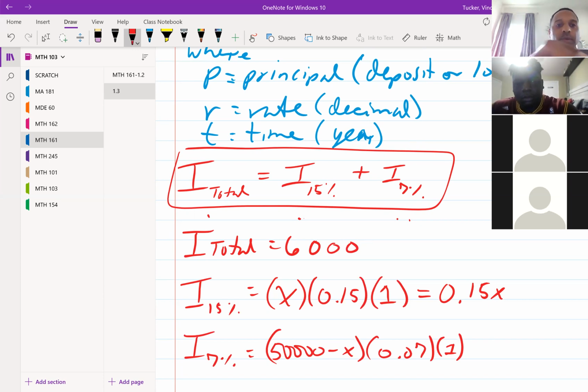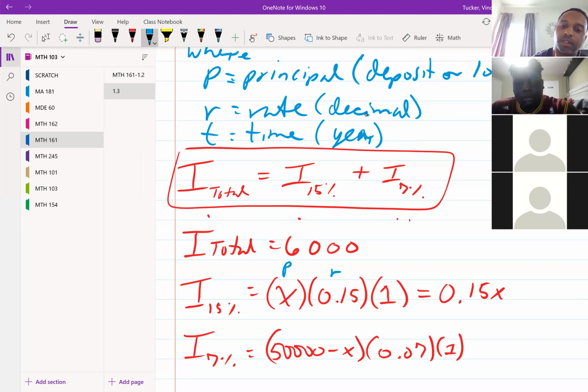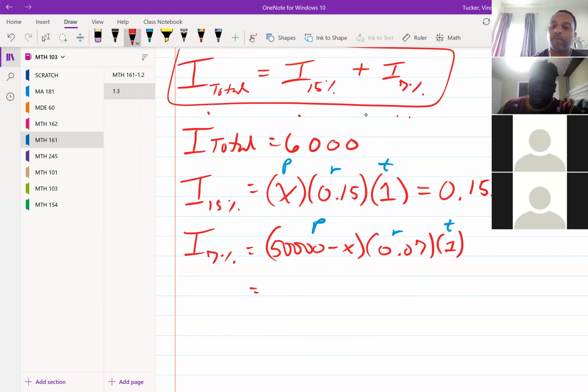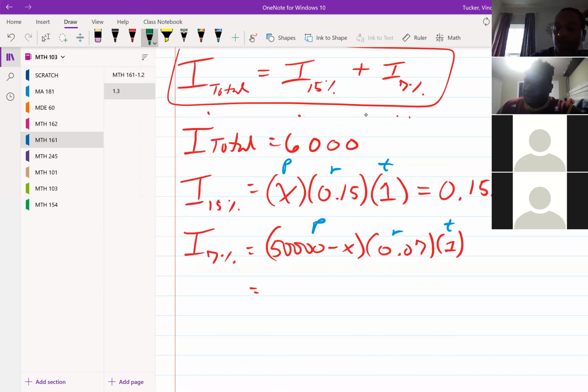And like I said, don't forget where we're pulling this from. It's P times R times T. P, R, and T. I will go ahead and distribute that, just simplify it so I don't have to do it later. 0.07 times 1 is just 0.07.